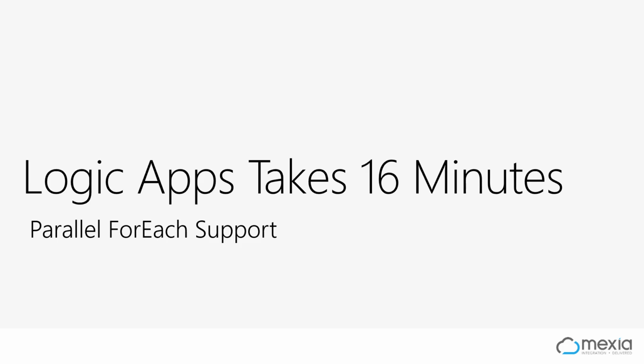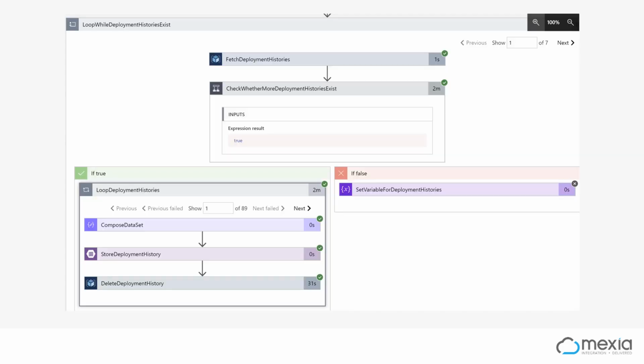So instead of using PowerShell, I would suggest using Logic Apps to manage the deployment history. It supports the parallel foreach loop, so it takes less than 16 minutes. From 6 hours to 16 minutes using Logic Apps. So this is how the logic app runs.